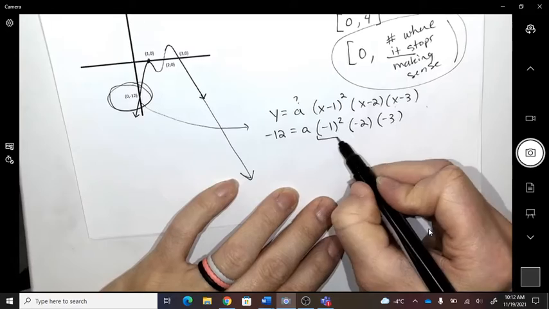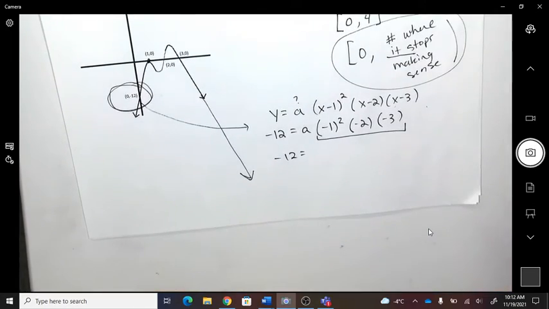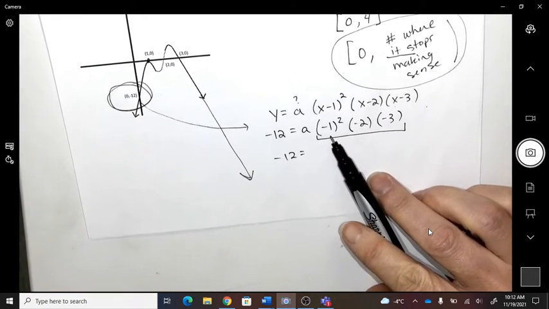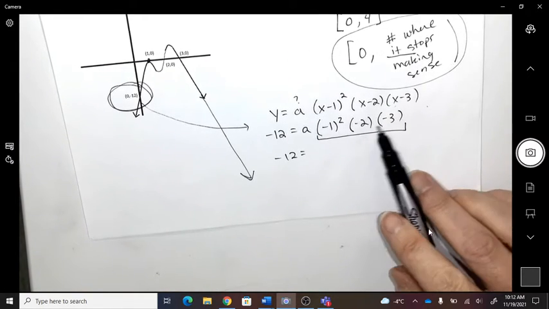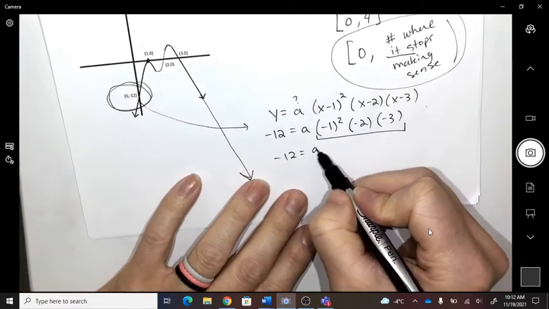Okay, can you figure that whole piece out? What do we get there? This makes positive 1, and then 2 more negatives, so I'm positive 6.